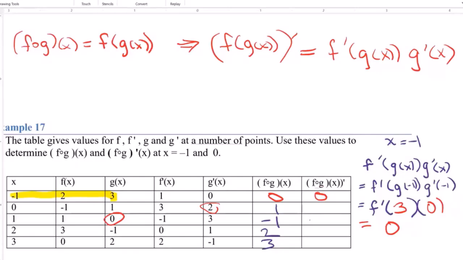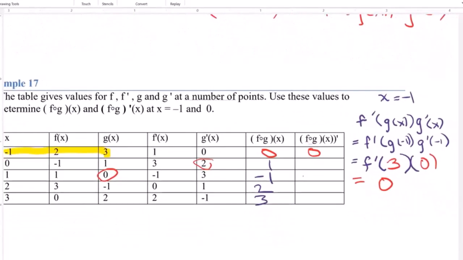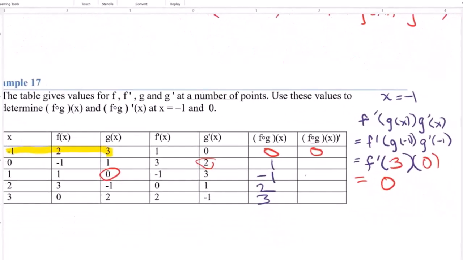And the only other one they asked us to do is x equals 0. Same thing. I have f prime of g of 0 times g prime of 0.